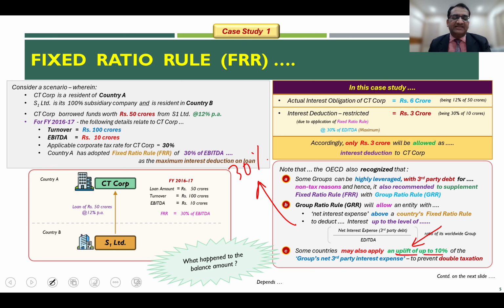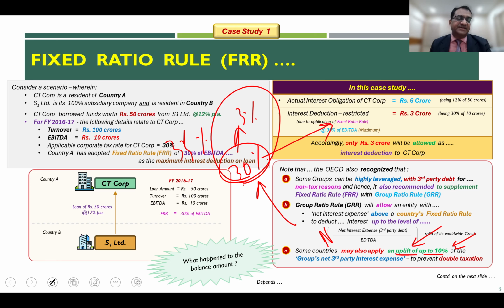That means, in my example, if 30% is your group ratio, then 10% of this is 3%. If this uplift is also given, then in place of 30%, the group ratio will be reckoned as 33%. That means 110%, including the uplift of 10%, would be 110% of the 30% ratio, which is 33%. This is also permitted in certain countries.